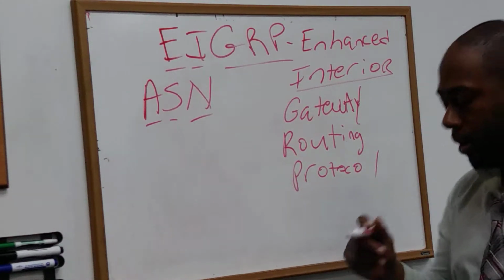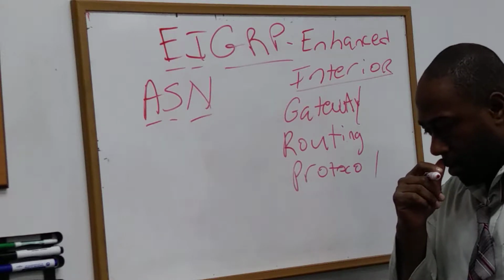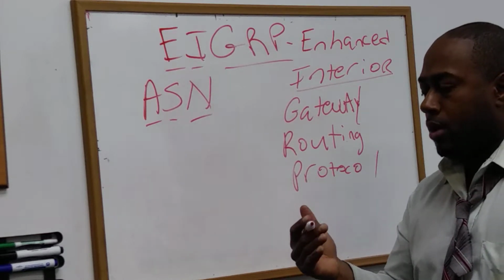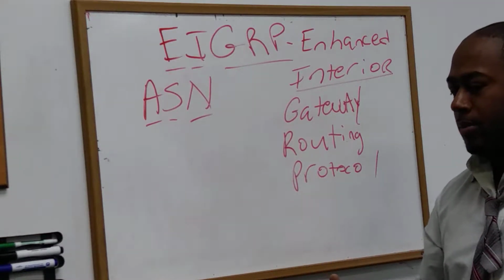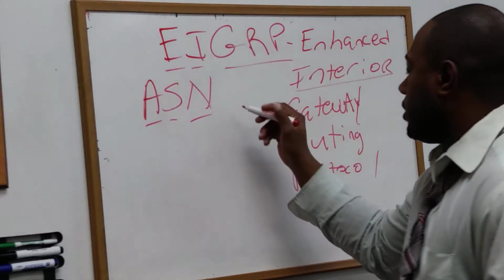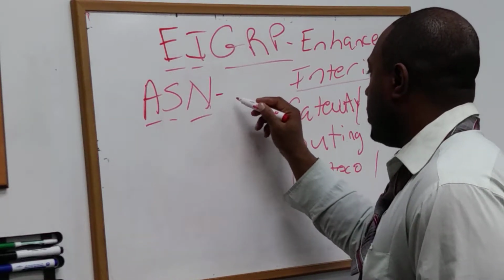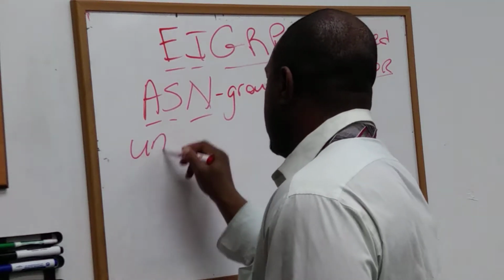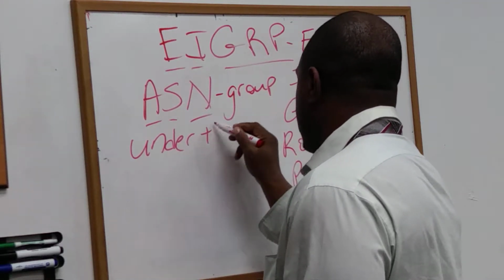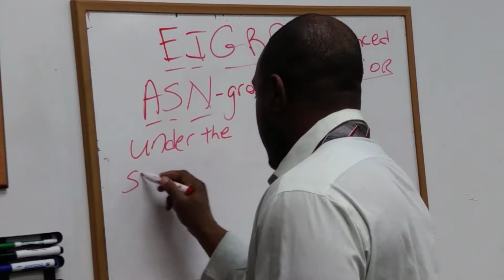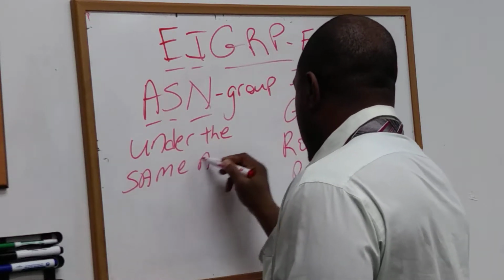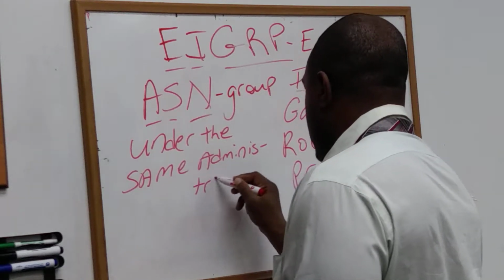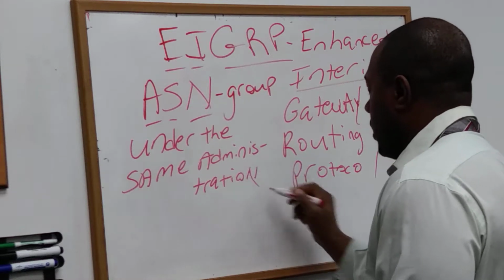An autonomous system is a group of routers that are under the same administrator, under the same administration. So that is the concept of an autonomous system.